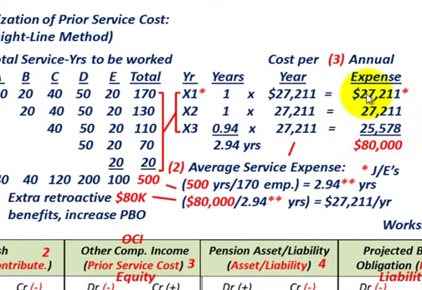So this is what you're going to amortize in the third year, X3. The total amount of annual expense was $80,000. This is using the straight-line method to determine the average service expense that you're going to be expensing out for the pension plan amendment where they were granted this extra $80,000.